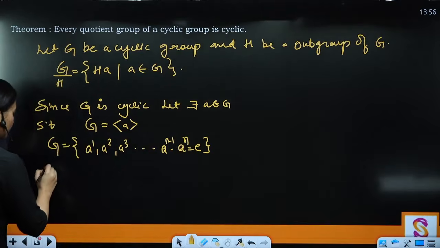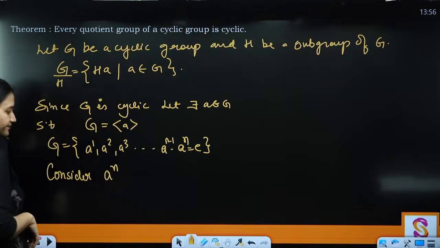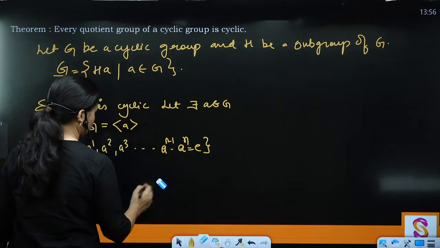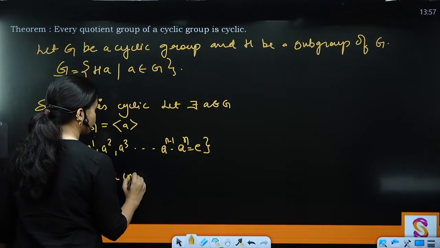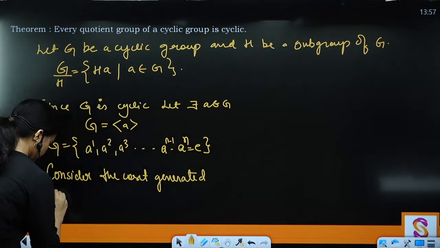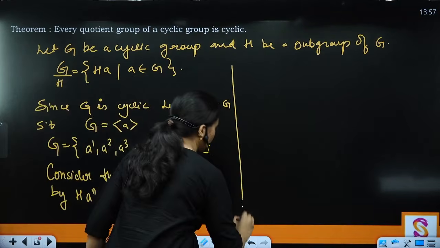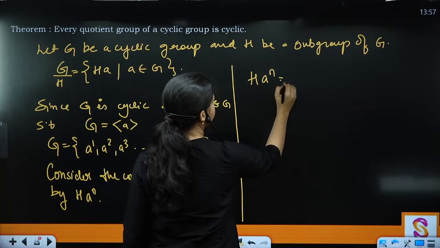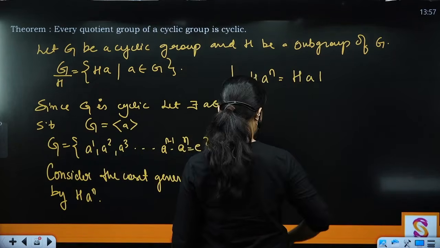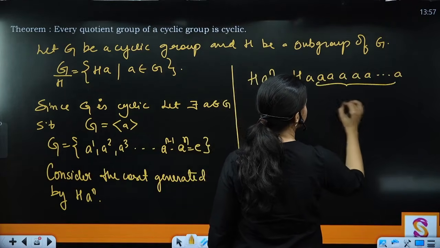So just consider for a moment the coset generated by Ha^n, right? This is going to be the coset Ha^n. Now can I write it as Ha multiplied n times, right?